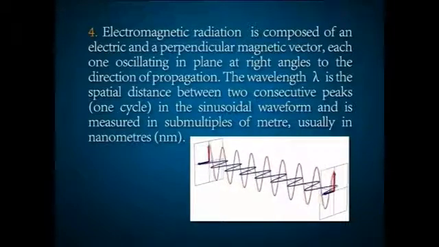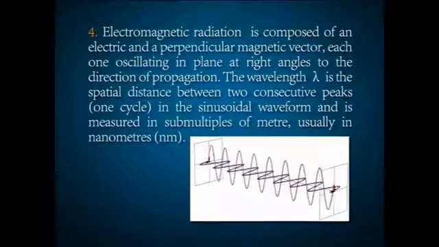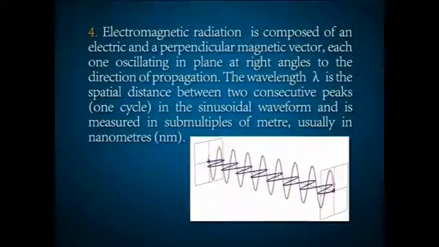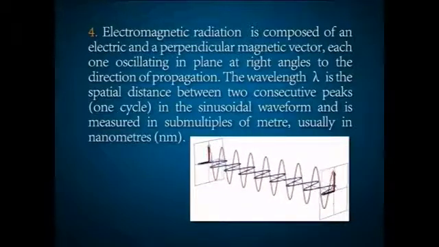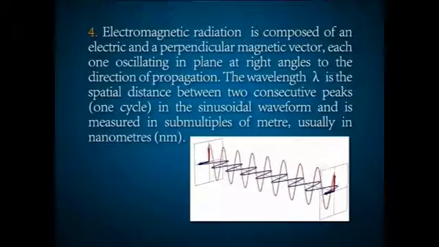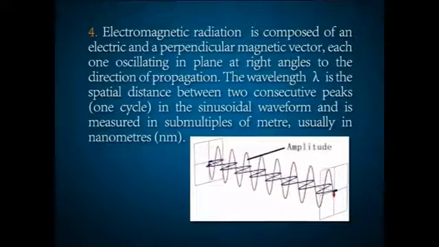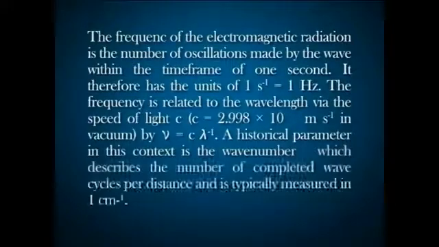The wavelength λ is the spatial distance between two consecutive peaks in the sinusoidal waveform and is measured in submultiples of a meter, usually in nanometers. The maximum length of the vector is called the amplitude. The frequency of the electromagnetic radiation is the number of oscillations made by the wave within the time frame of 1 second.